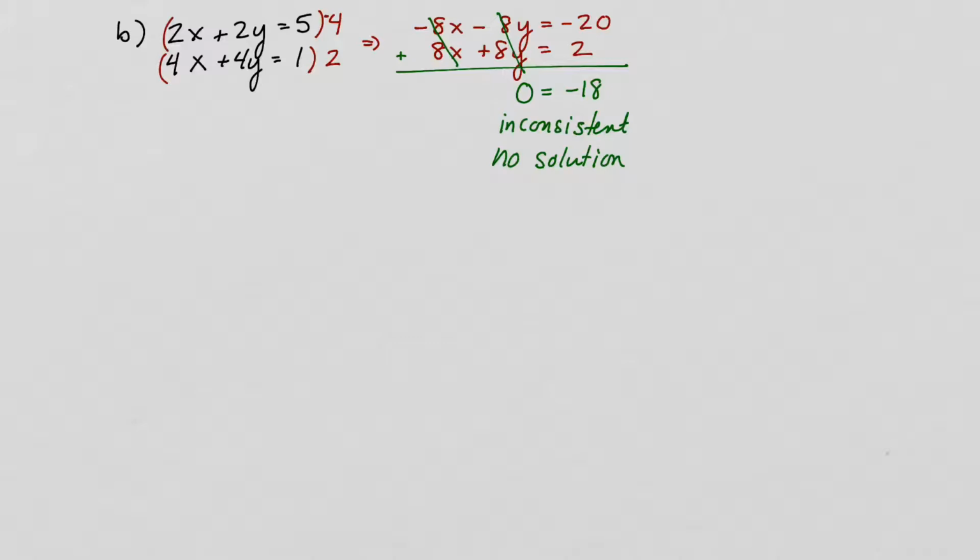So for these weird kinds of systems, if you ever get 0 equals 0, that is consistent, and it means there are infinitely many solutions.